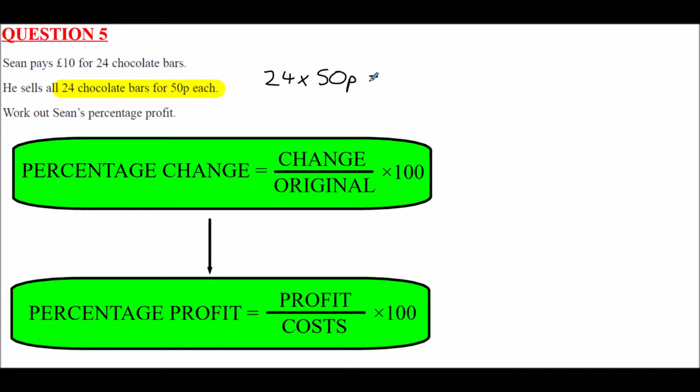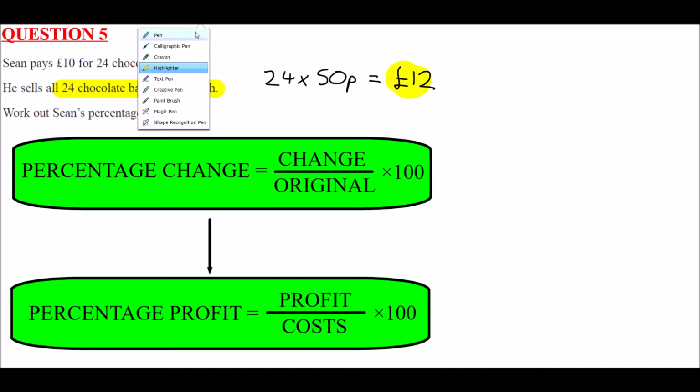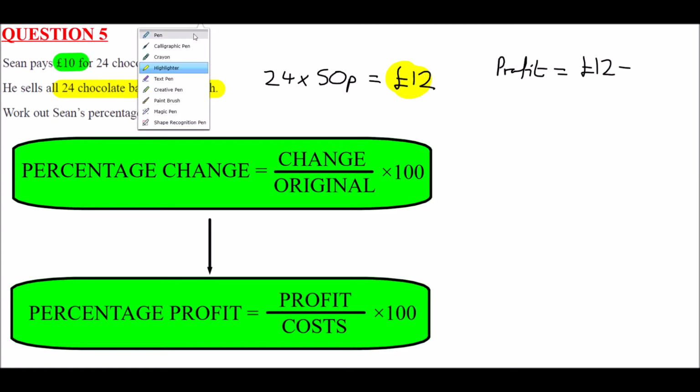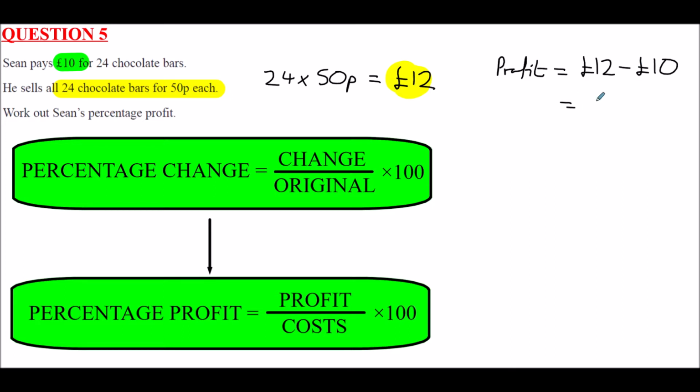I'm hoping you'll think it's obvious that two 50p's make a pound, so 24 50p's would be £12. So therefore, his profit is the money he's made, which is £12, subtract the money he spent in the first place, which is this £10 to buy them. So £12, take away £10, gives us a profit of £2.